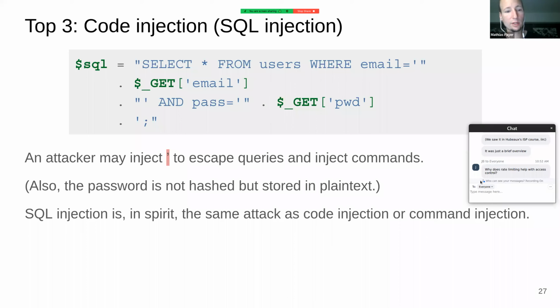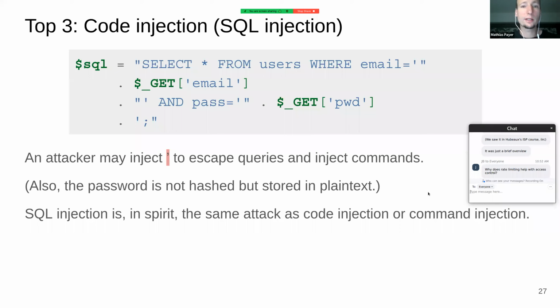And SQL injection is in spirit pretty much the same attack as code injection or command injection that we've already seen. Right, so we are passing information that is controlled by the attacker directly into our process, where it is supposed to be data, but it could be misinterpreted by the program or by the web application as code, and thereby executed.